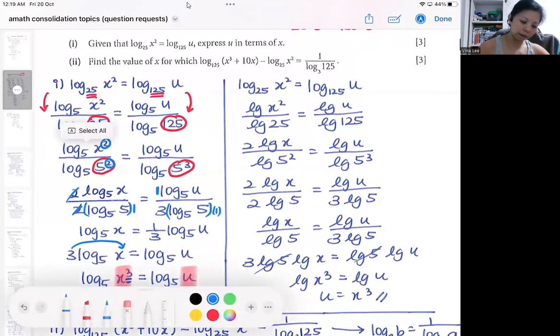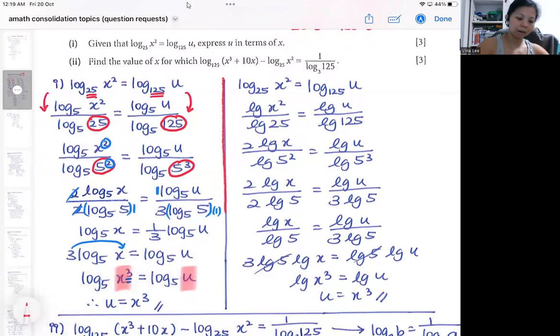So in the second method here, I'm showing you that I'm doing it as a common log. In case you forgot that 25 is 5 square, 125 is 5 cube, because you keep thinking, how is 25 related to 125? Maybe you don't find a common number that you can change to. You can always change to a common log or a natural log, which is ln.